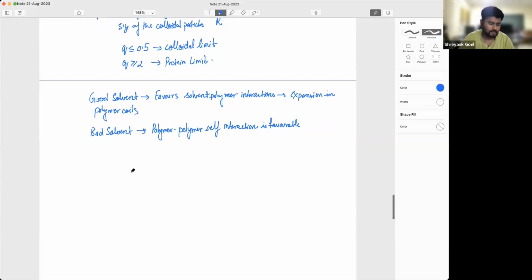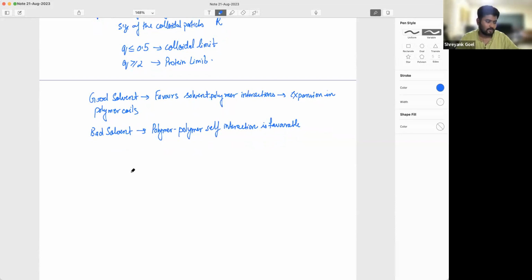So these are the definitions of good and bad solvent that were discussed, and then there is a discussion on the phase diagram, how the volume fraction of the polymer will affect the phase change from fluid to gas and then to gel.